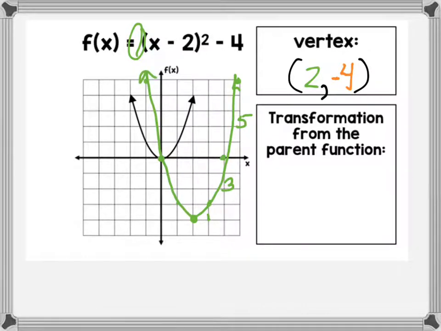And so let's describe in words the transformation. This is a parent function. So we went right 2 and down 4.